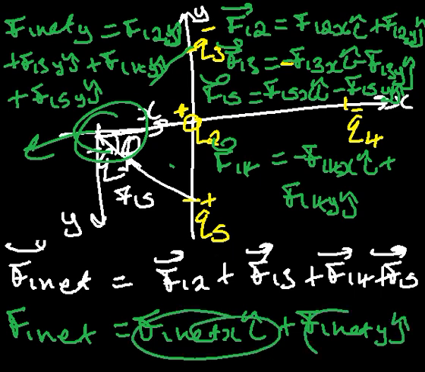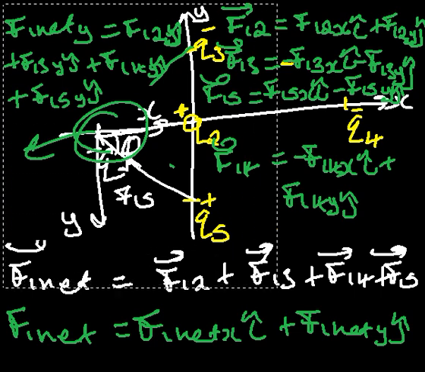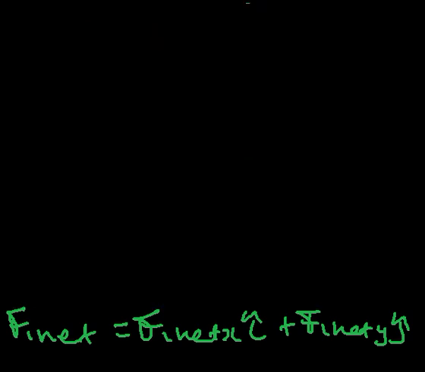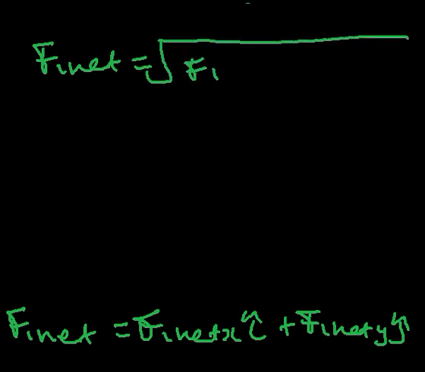This will be the net force in unit vector notation. And now what is the magnitude of the net force? The magnitude of the net force F1 net in general will be given as the square root of F1 net x squared plus F1 net y squared.